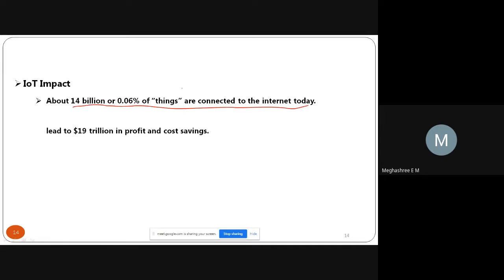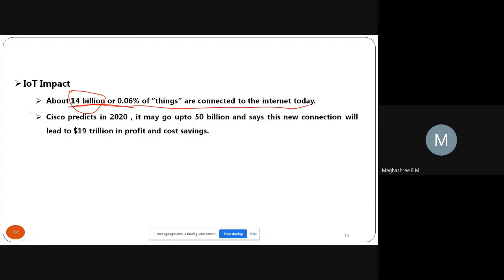I mean, around 4 to 5 years back, this was the status. These many billions of things were connected to the internet. Cisco predicted that by 2020, it may go up to 50 billion. So this would be the count of things connected to the internet.